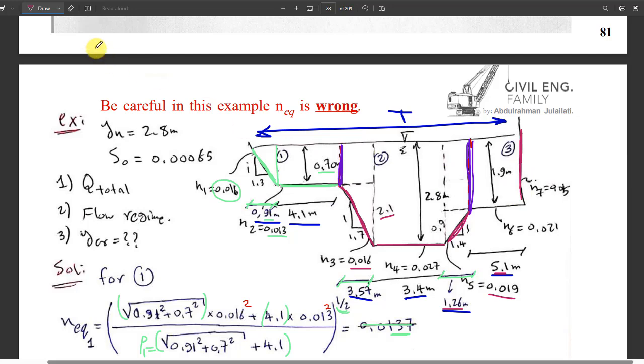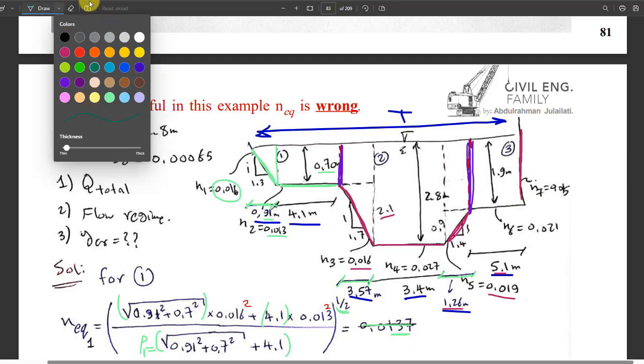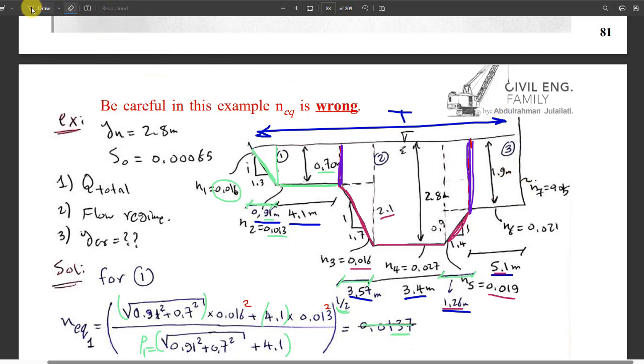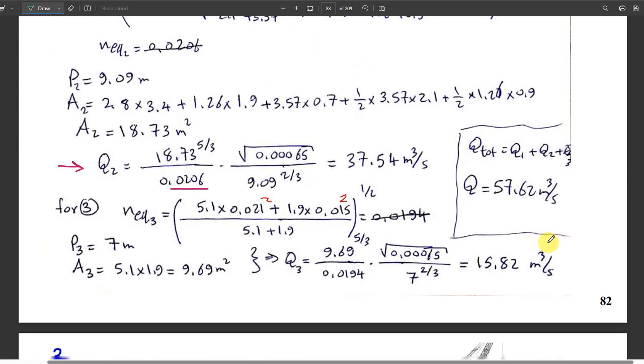Let me take another color. Which means this side and this side. And for n equivalent, we need this one, 5.1 times 0.021 squared plus 1.9, which is this member, times 0.015 squared.